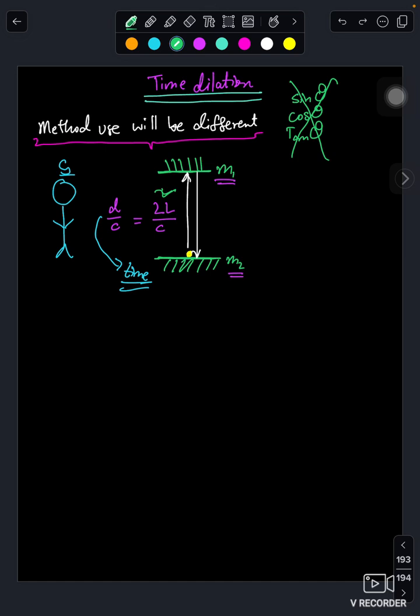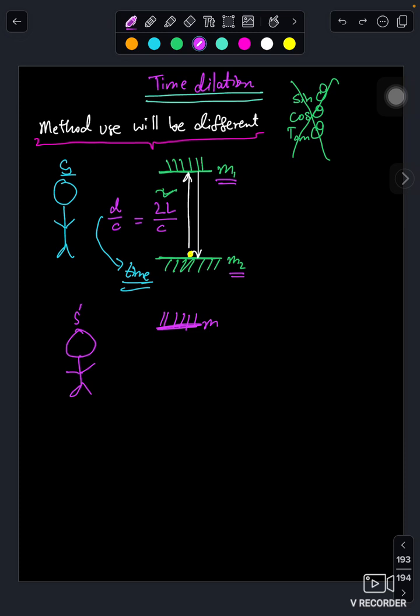Okay, so now let's have a different scenario: someone who is moving. This is for the improper time, the improper frame of reference.